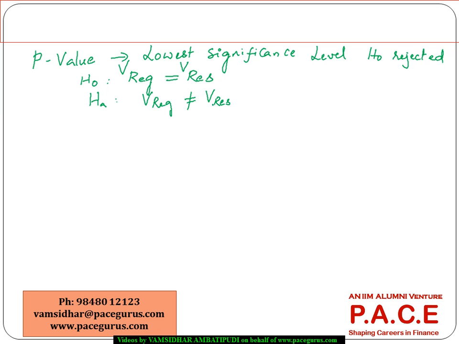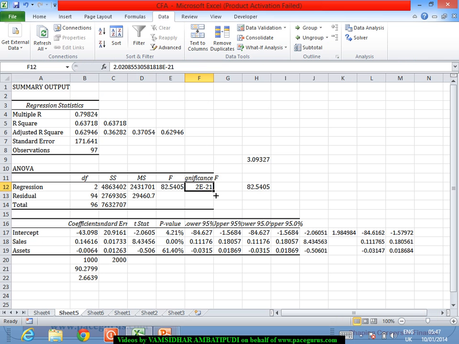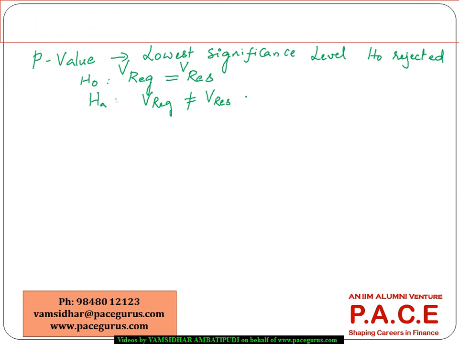So whenever this significance value is less than 0.05 or 5%, I will reject the null and go with the alternate, and conclude that the regression model is able to explain the variation in the dependent variable quite comfortably. So the regression model is much better than a random or gut-feel scenario.